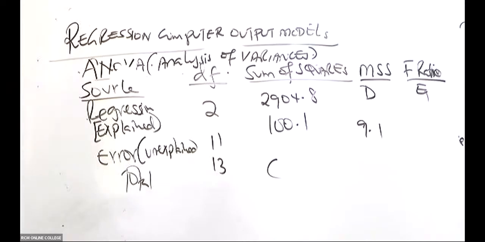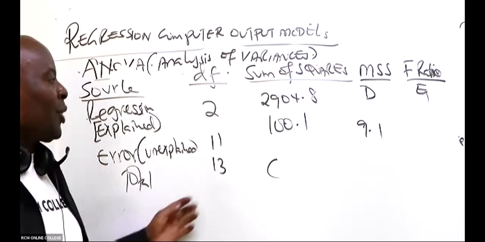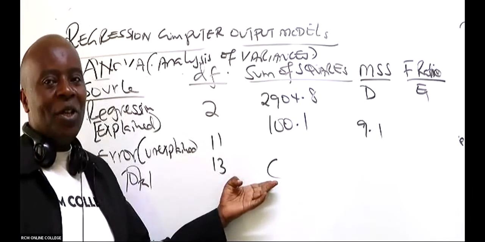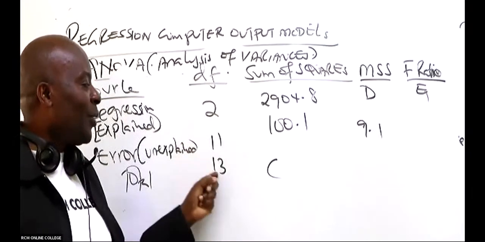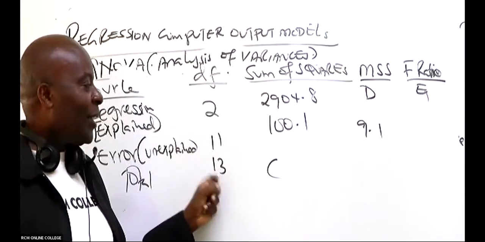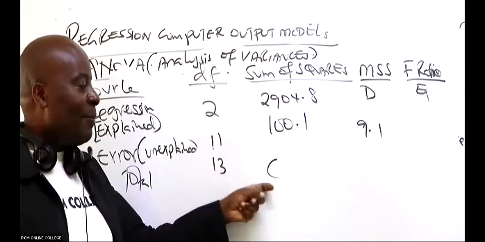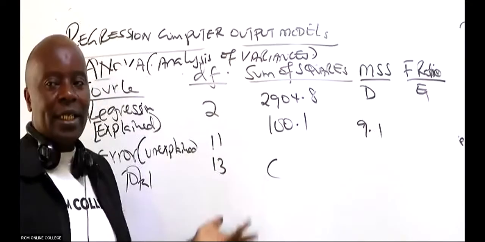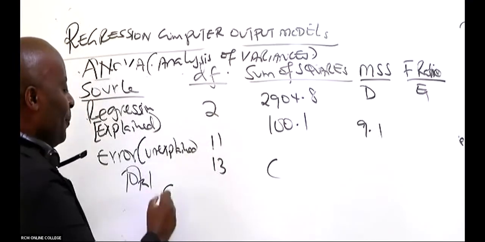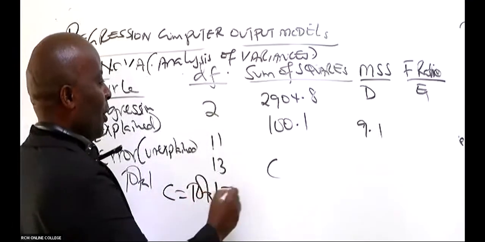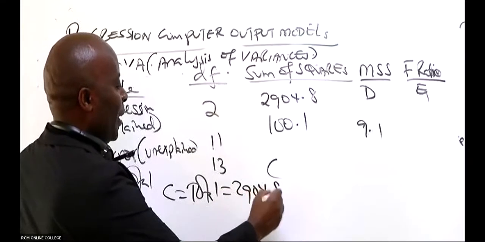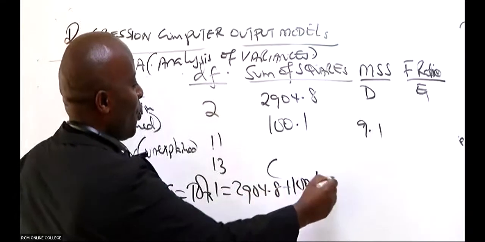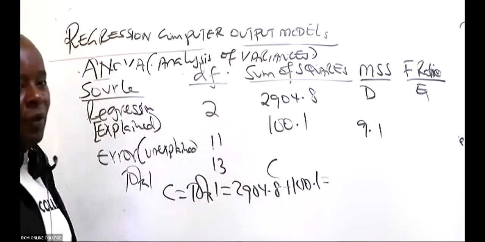All right. So they want me to give them the total sum of squares. To get 13, they took this plus this. The same. C is the total. So I will take 2904.8 plus 100.1, which will end up giving me what figure?